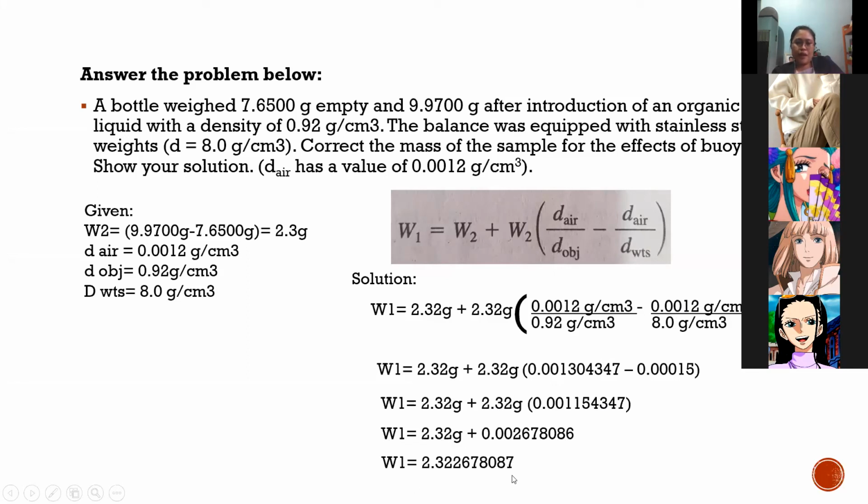So W1, the corrected mass, is now 2.32267 and so on. From 2.32, the correction is actually not that big, but at least our mass is more accurate.